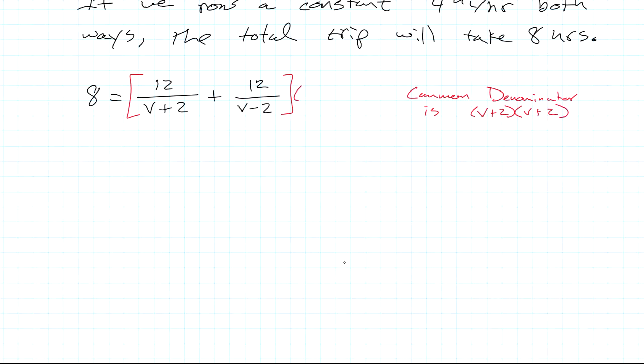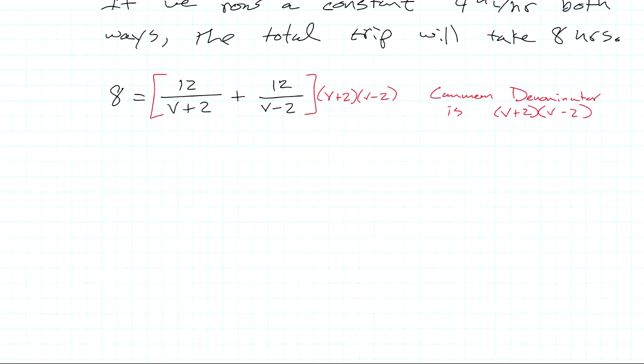And if I multiply the entire right side by v plus 2, v minus 2, well, I would be changing the equation if I just did it to one side, so I have to do it to the other side as well.